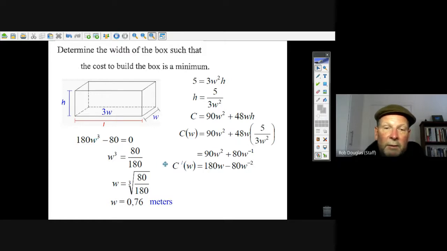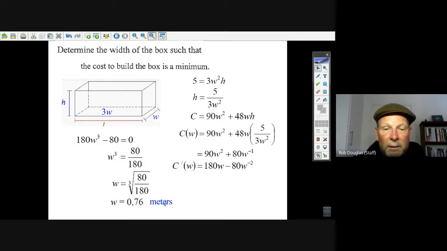And then there's just 0 here because the minimum is going to happen when the gradient is 0. Well, now all we do is add 80, divide by 180, and take the cube root. That'll give me W³. Take the cube root, and we get our answer of 0.76 meters.